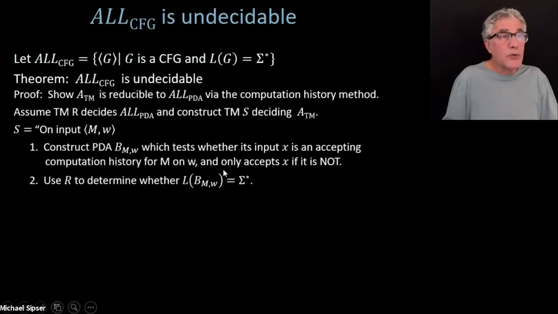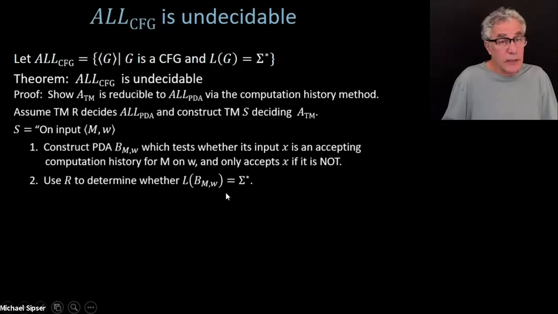Okay, and then once we have that, we test whether the PDA's language is everything, using R. Because if that PDA's language is everything, then we know there could not be an accepting computation history, because that's the one thing that gets rejected.